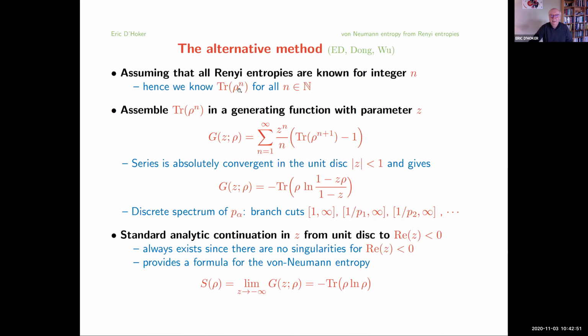That trace of rho to the n is less than trace of rho to the n prime if n is greater than n prime. So if you were to violate that, then of course all bets are off. So I'm assuming here that we know that these values of trace of rho to the n came from a genuine density matrix. And then I think the result is unique, yes.